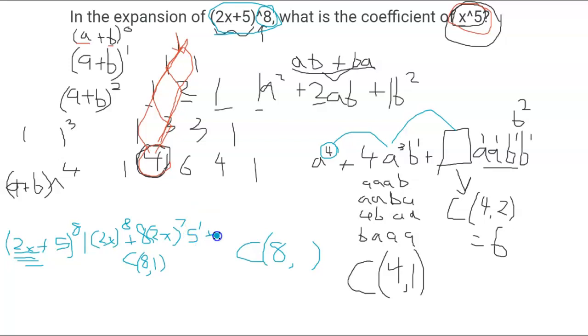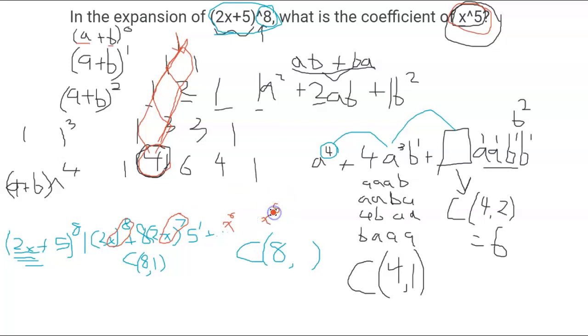Well, now we can figure out the pattern, right? We see that, let me switch color for vividness, right? This has an x to the 7th in it. This has an x to the 8th in it, right? The next term will have x to the 6th, and then x to the 5th.